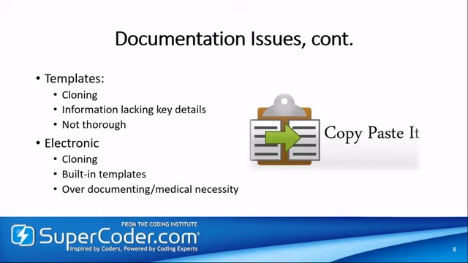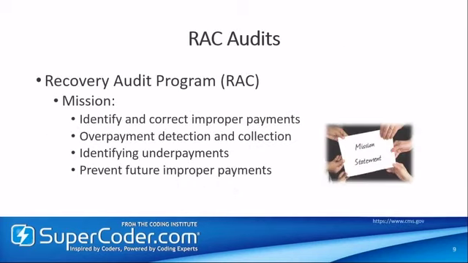It'll make it look different. EMRs also allow for over-documentation. This may not be consistent with the medical necessity and why the patient is being seen currently. These issues can be found through regular audits, especially an external or third-party audit. They can easily be corrected with proper education.